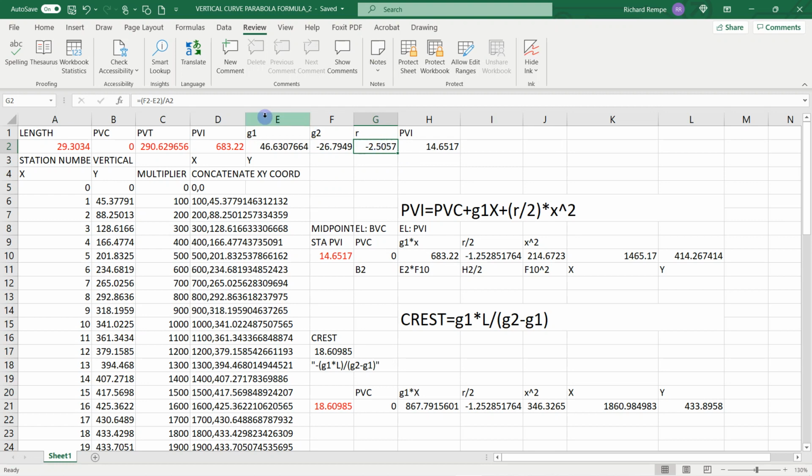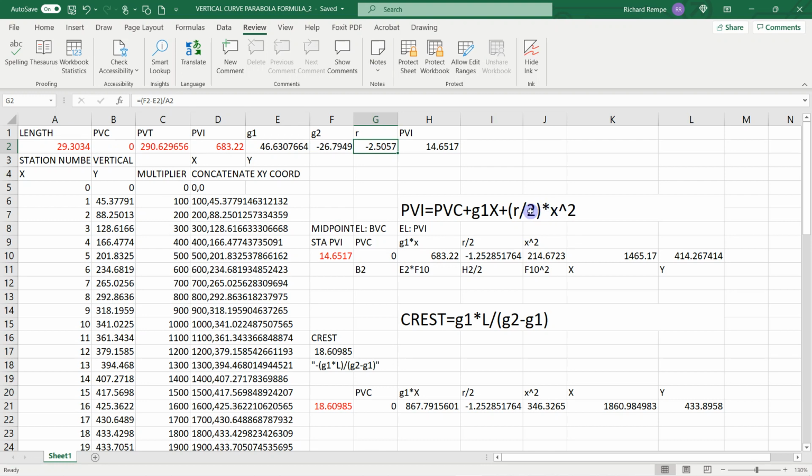And then R is E2, so G2 minus G1 divided by the length. So if you look at this formula, you need R. And R is G2 minus G1 divided by the length. And then here we're going to divide it by 2.